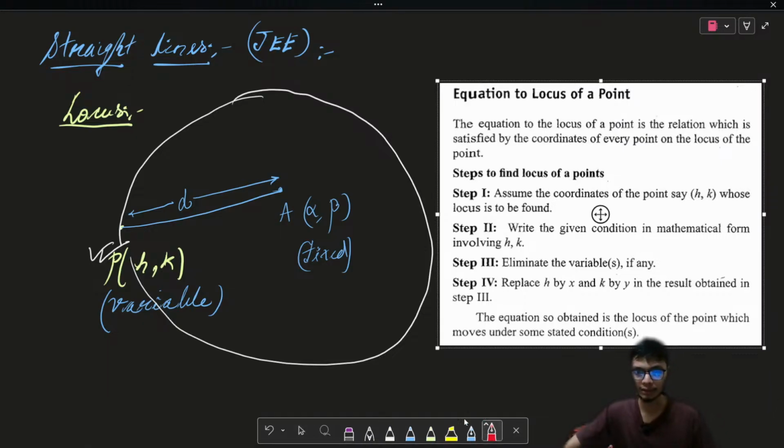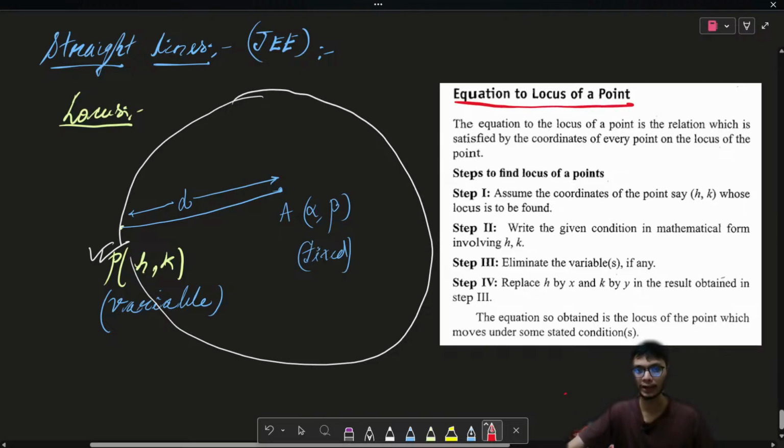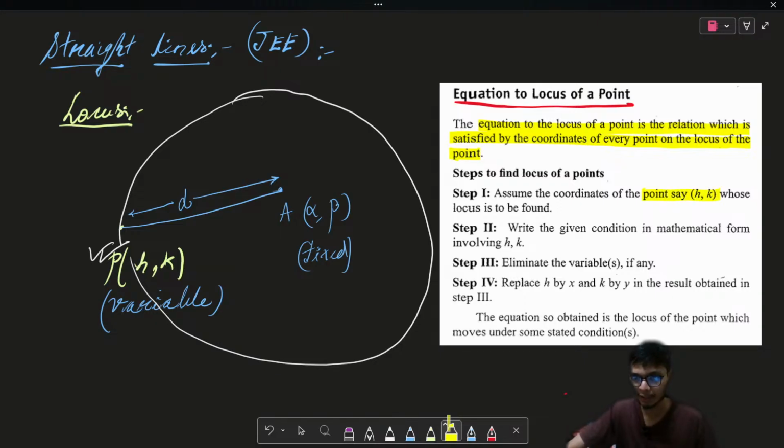The equation of locus of a point is a relation which is satisfied by the coordinates of every point on the locus of the point. So the following steps that we need to follow are: first of all, assume any point, let us say h comma k, whose locus is required to be found out.